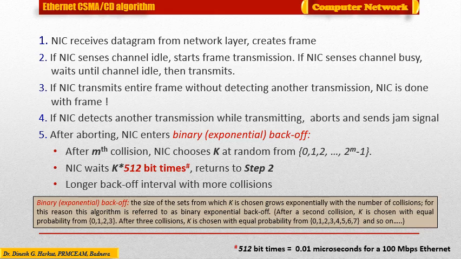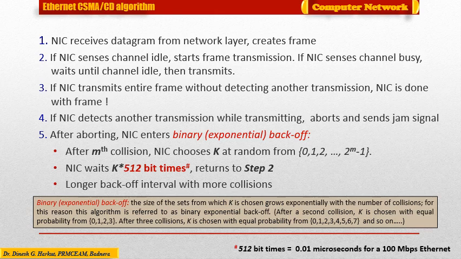This will continue. The need to wait a random rather than a fixed amount of time is hopefully clear. That is, if two nodes transmitted a frame at the same time and then both waited for the same fixed amount of time, they would again continue to collide forever. But what is a good interval of time from which to choose the random backoff time?